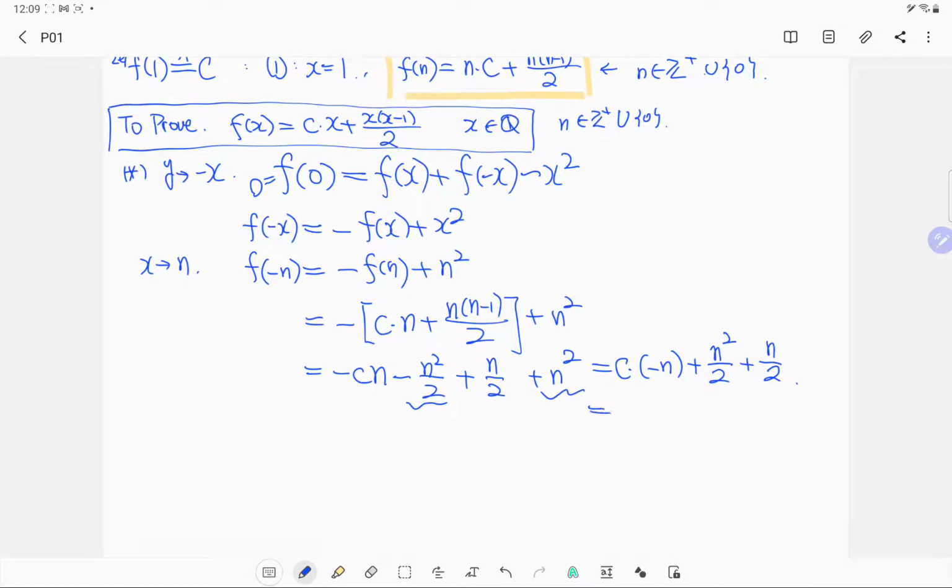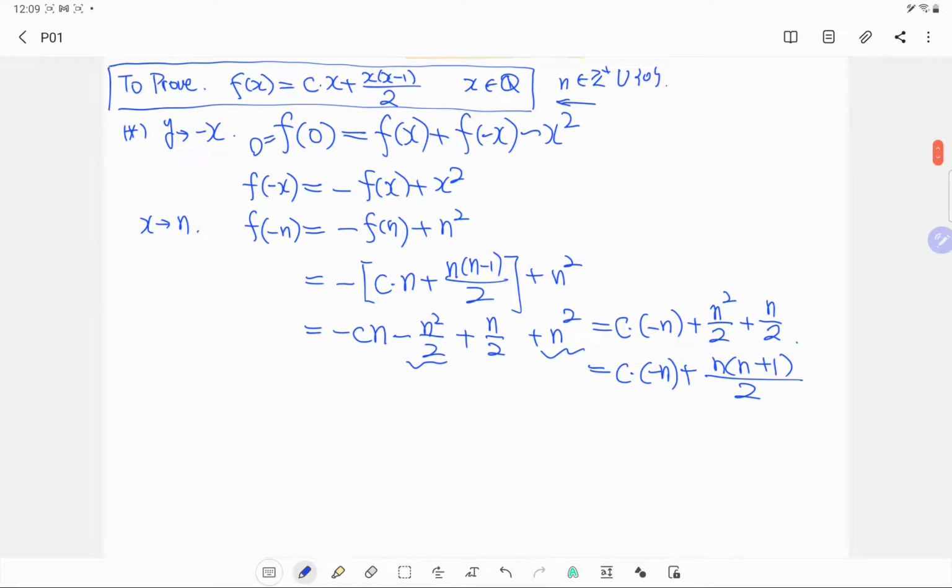So next we can just factor c times minus n plus n plus 1 over 2. This looks slightly different from what we try to prove. So actually we can just make it like minus n and then minus n plus 1, minus 1, all over 2.